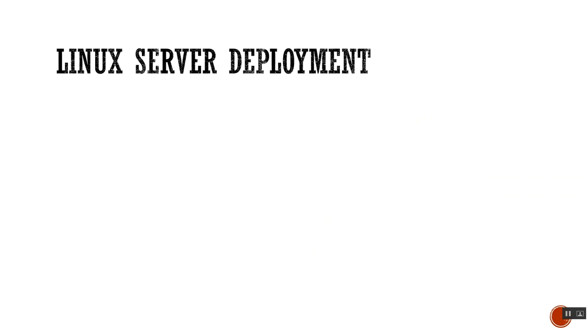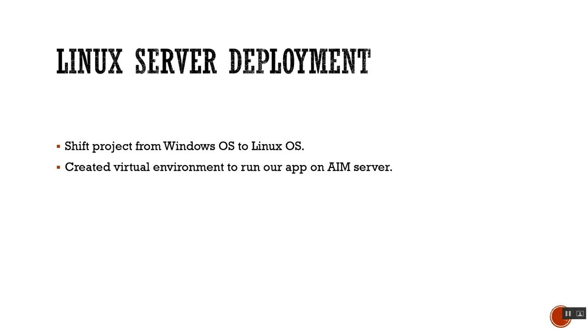Now let's come to the deployment of the project. As we were working on the Windows operating system, to deploy this project, we shifted our project to the Linux operating system. We created a Python virtual environment on the Ames Lab server and resolved all dependency issues in deployment.